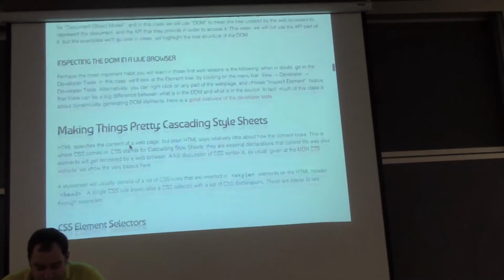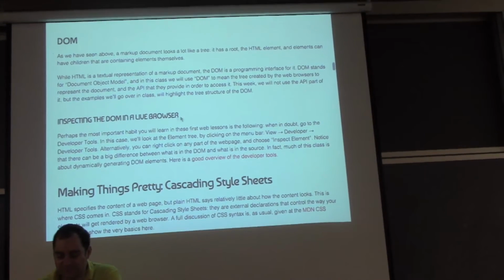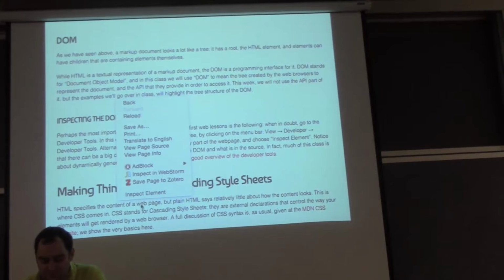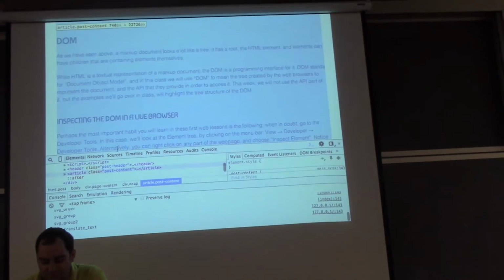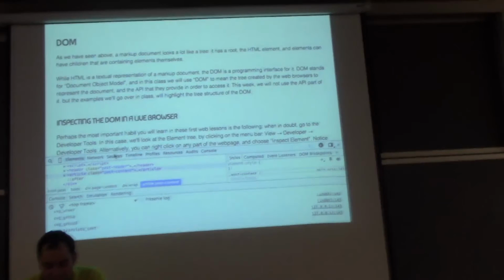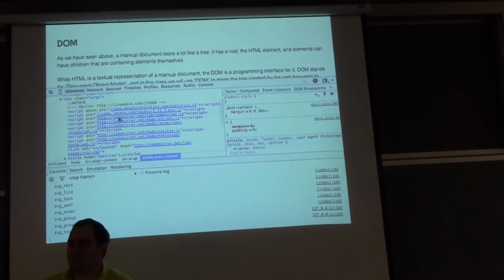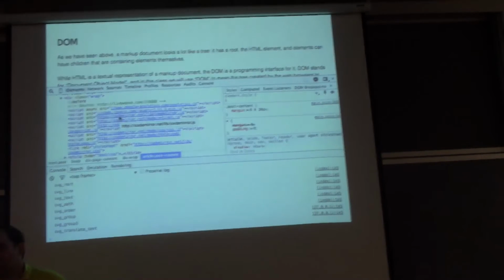Okay, so one of the key elements of HTML is the DOM. I just wanted to reiterate how important it is, and you can always access it with the developer tools in Chrome, for example. And here a key concept is that the DOM, as it's rendered by the browser, is not the same thing as the sources.